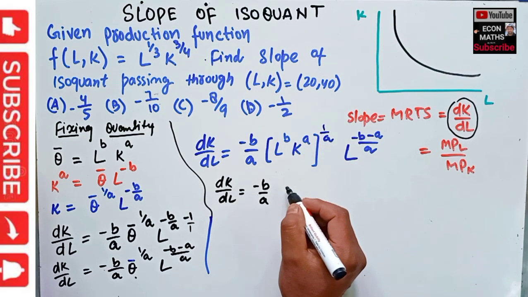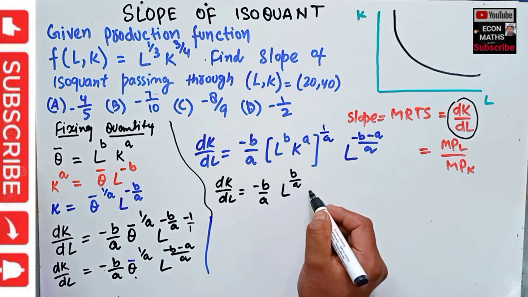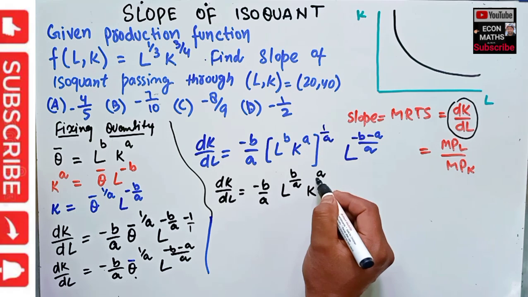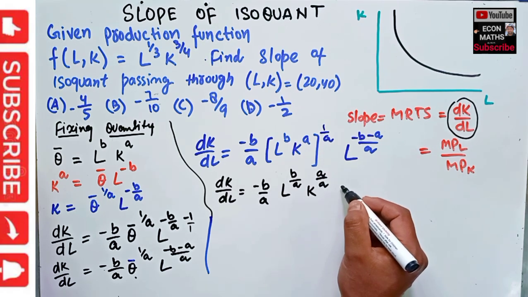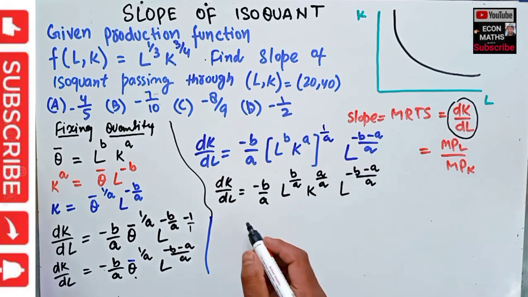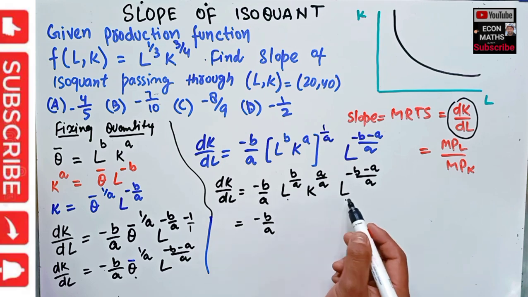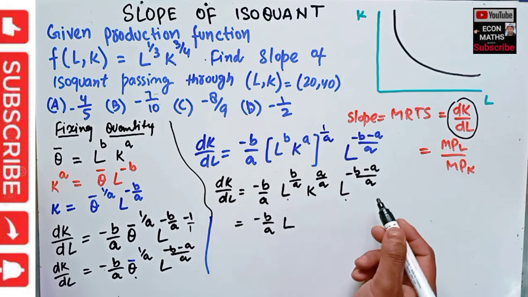Now expand it, we have L to the power b divided by a, K to the power a divided by a. Then we have L to the power minus b minus a divided by a. So which gives us minus b upon a. We have the same base here, so I can add up the exponents.